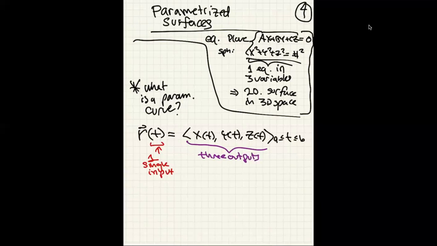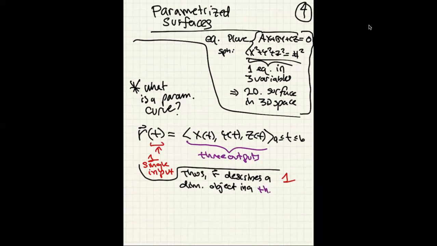And so what you should think of this as describing geometrically is that r describes a 1-dimensional object in 3-dimensional space.